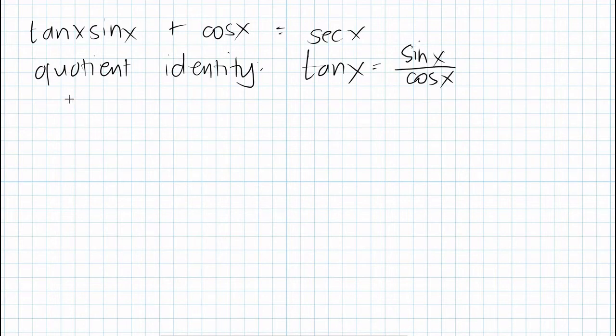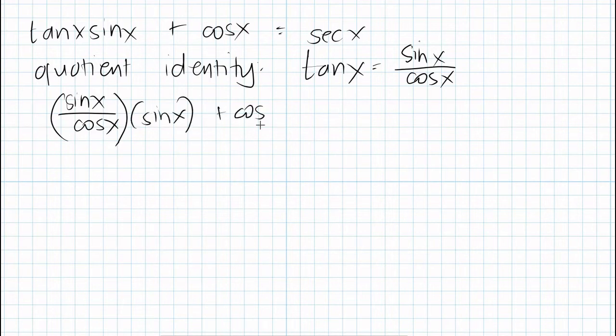We can replace this in our equation, and that becomes sine x over cosine x times sine x plus cosine x. And then we will multiply the two sines, so that becomes sine squared x over cosine x plus cosine x.